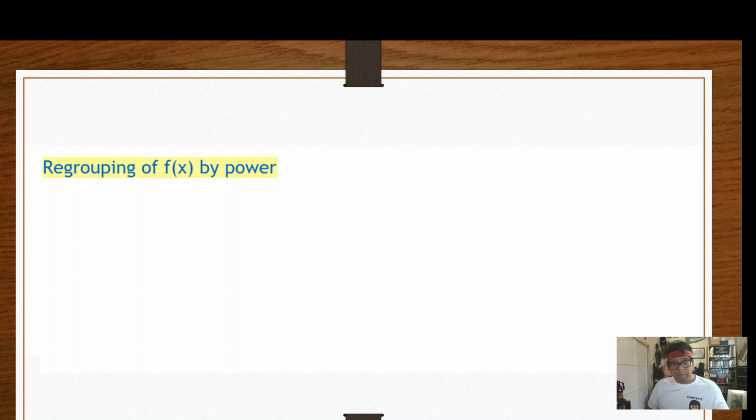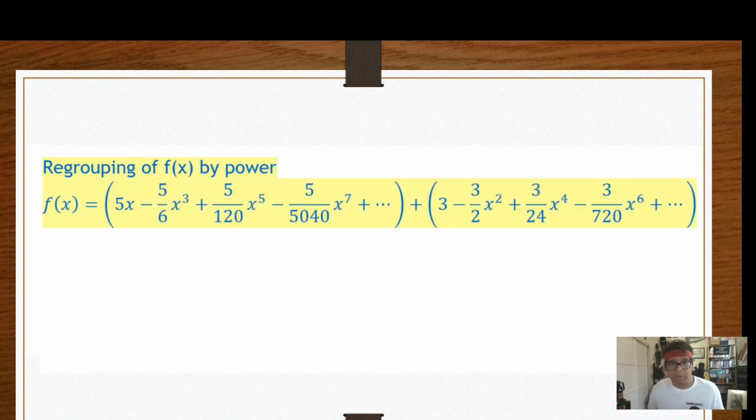I'm going to stick all the odd powers together, and all the even powers together. I notice that all the odd powers on the left have a factor of 5, and all the even powers have a factor of 3. So out of the first grouping, I'm going to factor out 5, and out of the second grouping, I'm going to factor out 3.